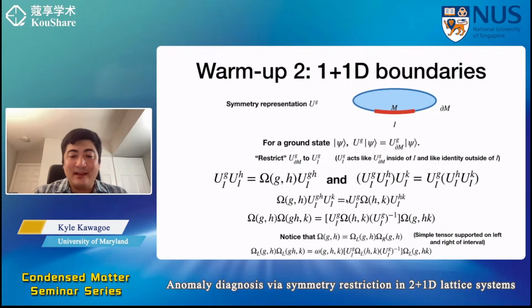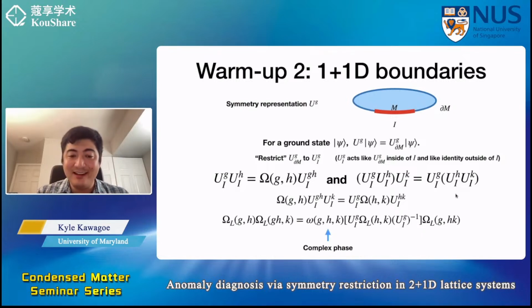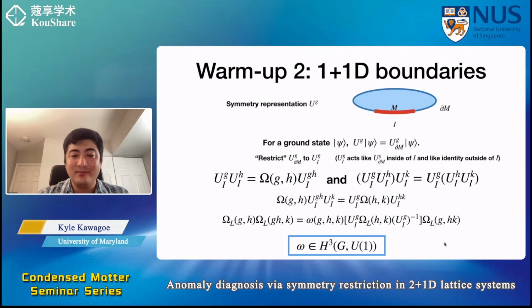So that phase is how you get lowercase omega GHK. That phase difference is characterized by this complex phase, and that's what gives you the cocycle, the cocycle which characterizes the anomaly.